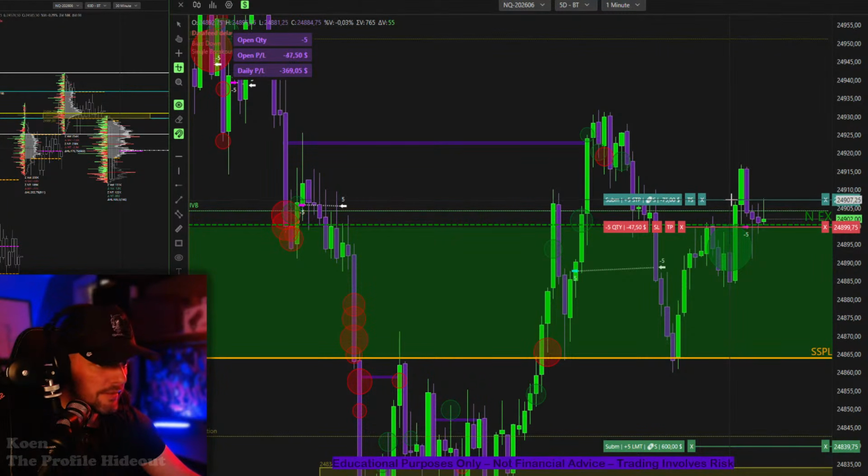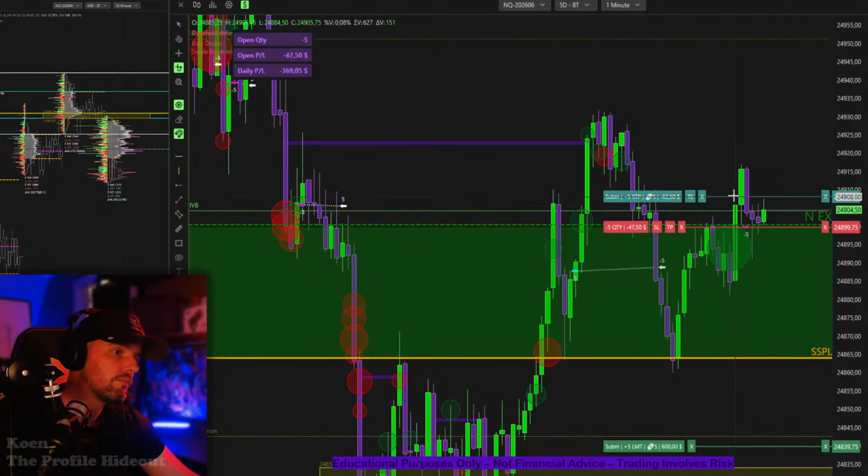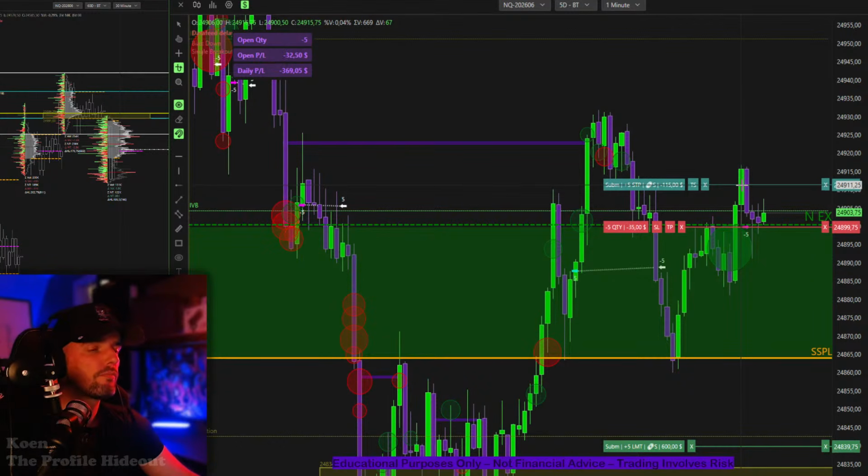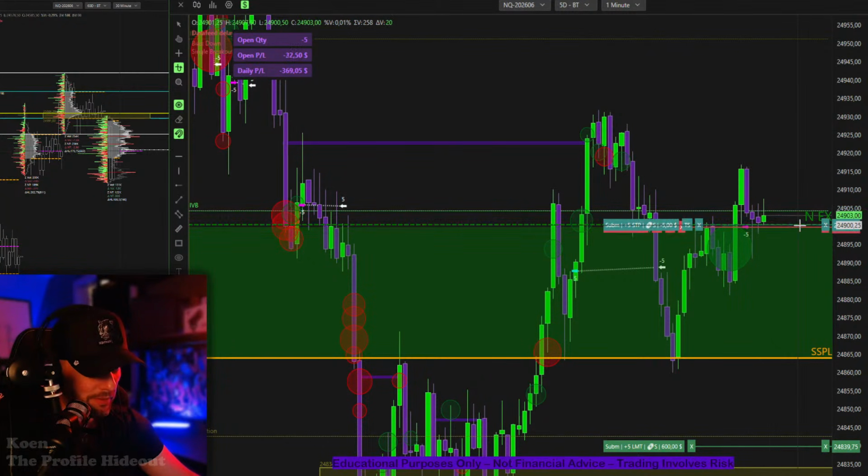Consolidating until it isn't. Probably should have waited for a close below 900s, then go for a retest. As always, early.